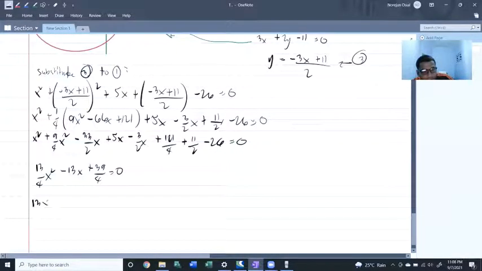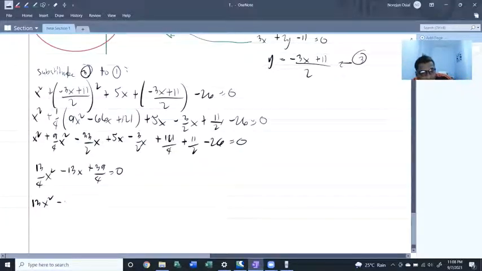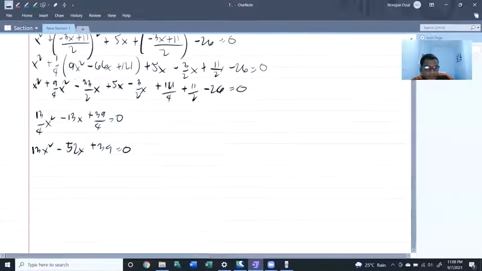We have 13x squared minus 52x plus 39 equals 0. Right? Now, using the quadratic formula, solve for x.